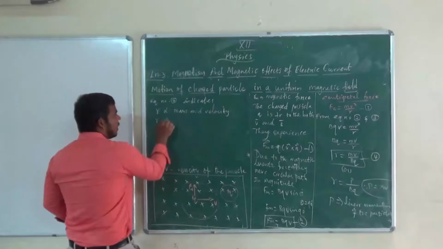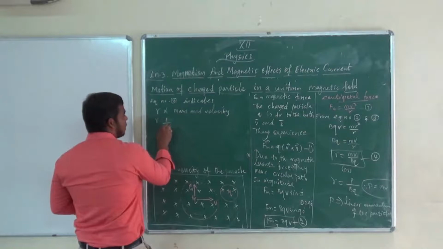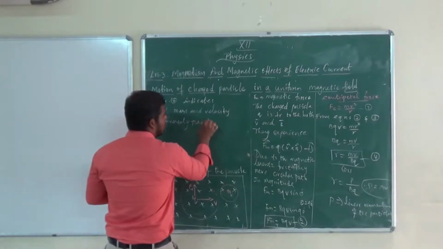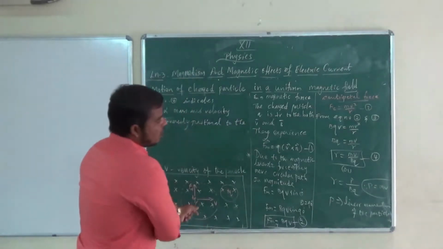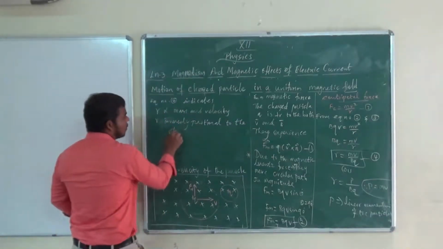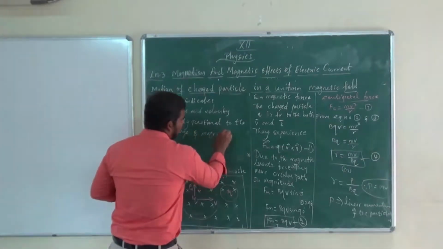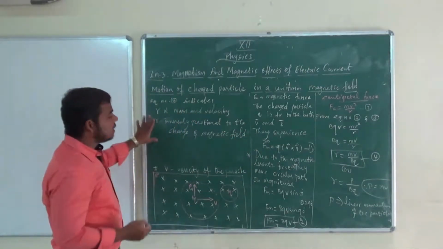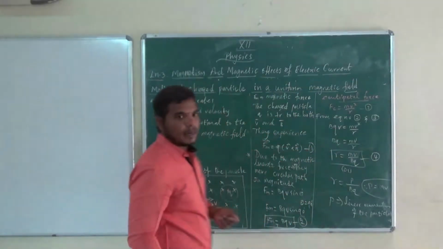And the radius is inversely proportional to charge and magnetic field. So the radius depends upon mass, velocity, charge and magnetic field.